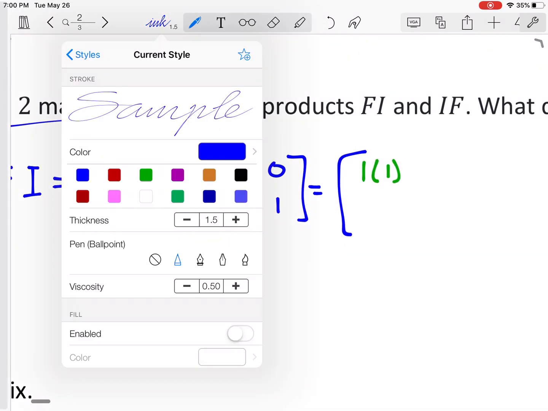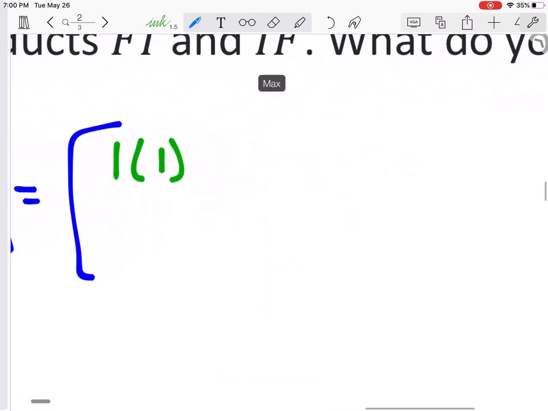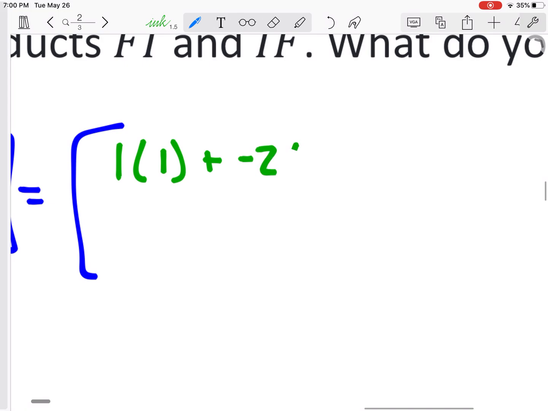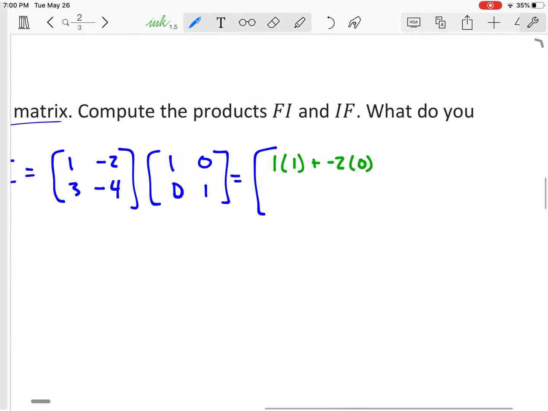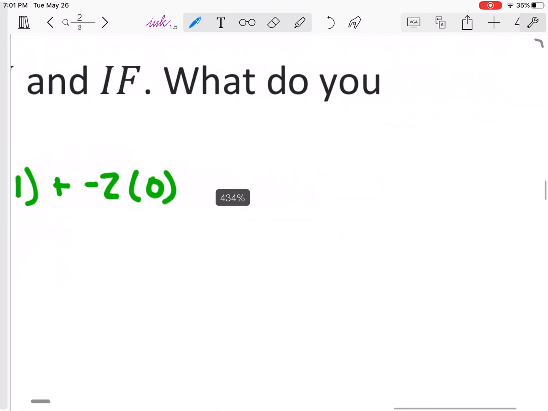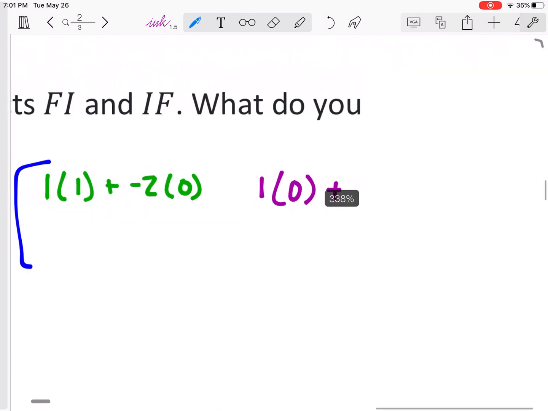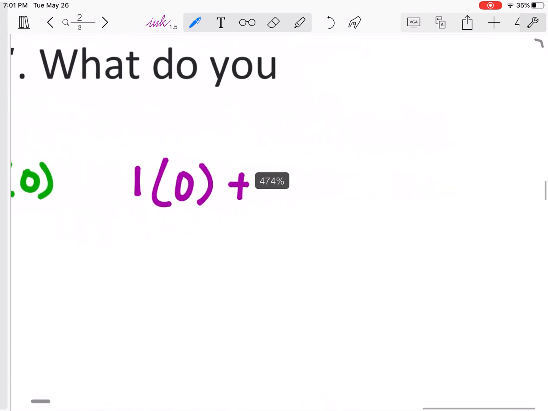And then plus negative 2 times 0. Alright, next we'll take the first row by the second column of the identity matrix there. So 1 times 0 plus negative 2 times 1.